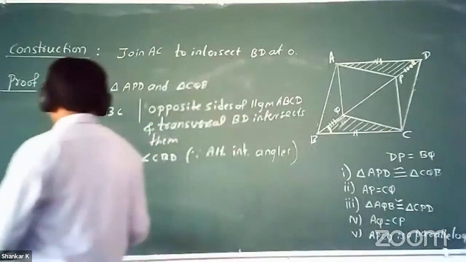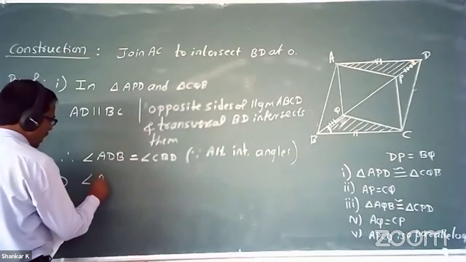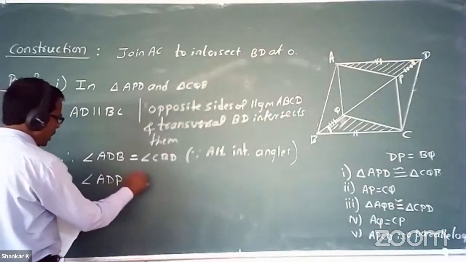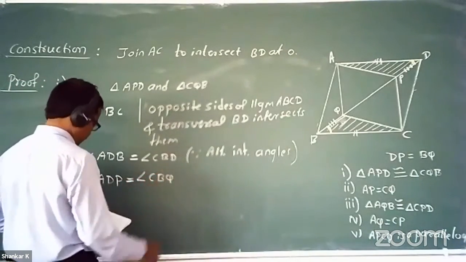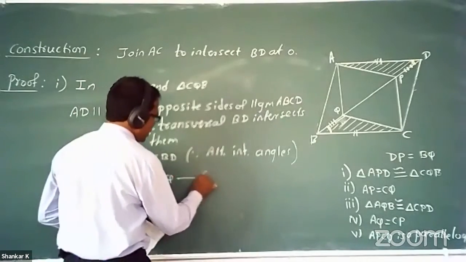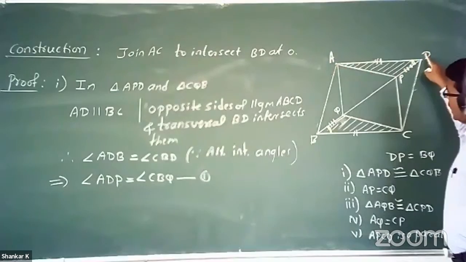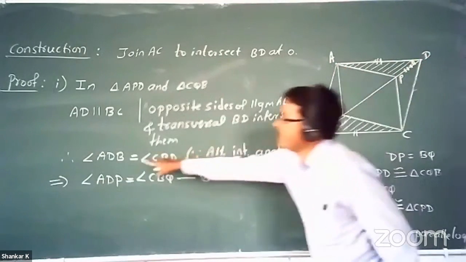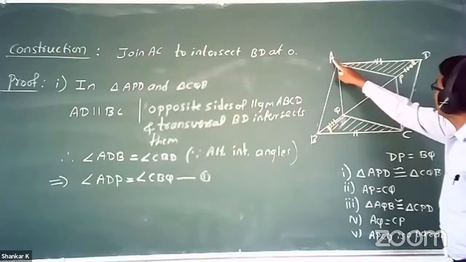Next, this implies angle ADP equals angle CBQ. You can call this as one. What is the meaning? ADB, here is ADB. ADB means we can write ADP.